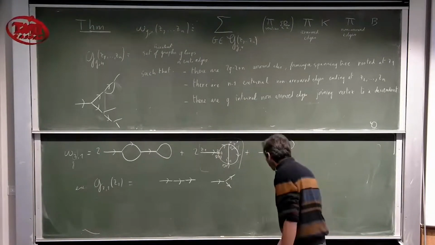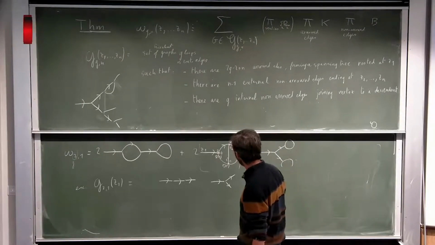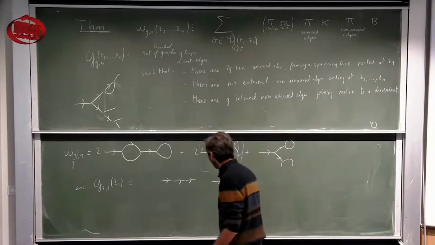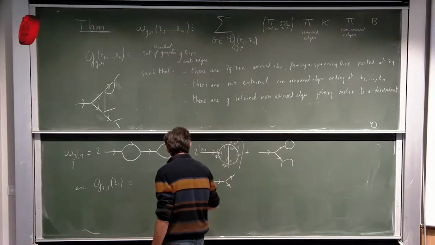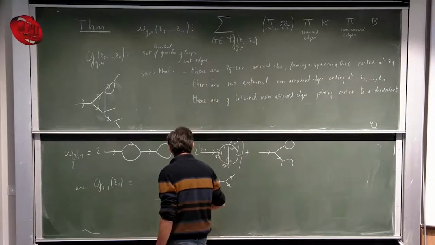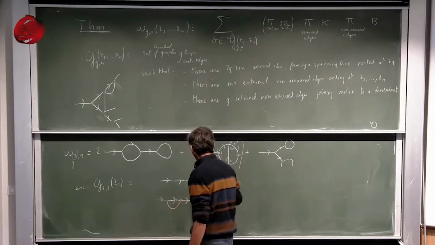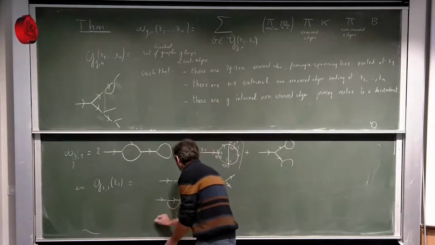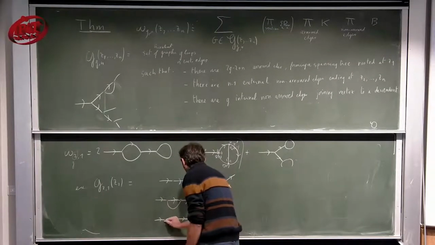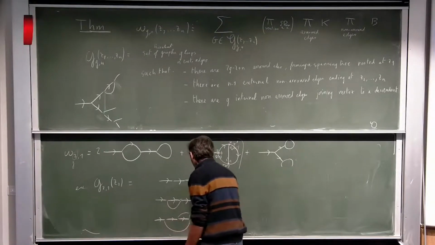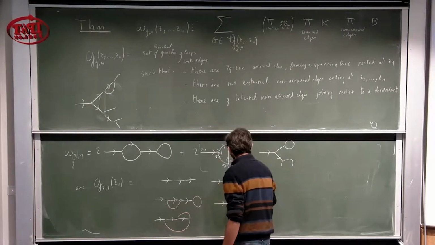So now, what are the possibilities to complete with g equal to two loops? One possibility here is to do this. I can make one loop there, one loop there. I could also take one loop there, one loop there, and one loop there. And here, for this one, you have no choice.